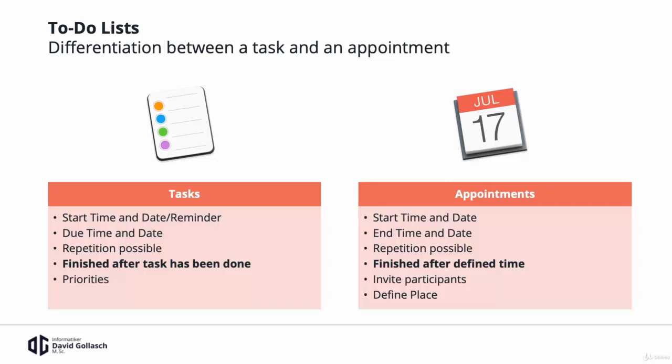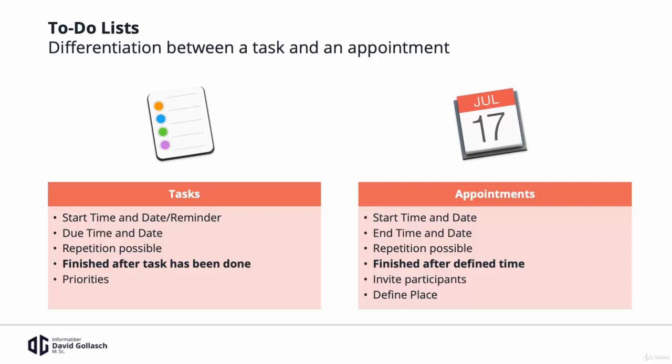And the other way around as well: people who are planning all the things they have to do in task lists, including their appointments. I think it's important to distinguish here, so find the right tool to plan everything, so that appointments belong to a calendar and actual tasks belong to a to-do list.